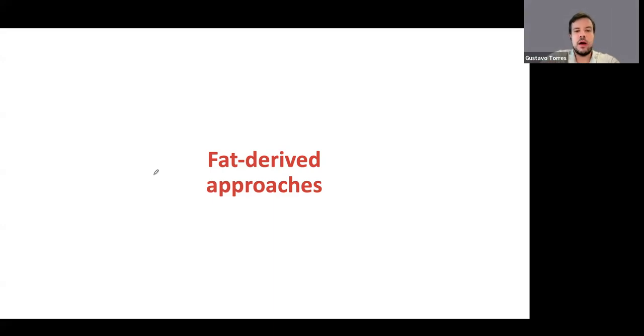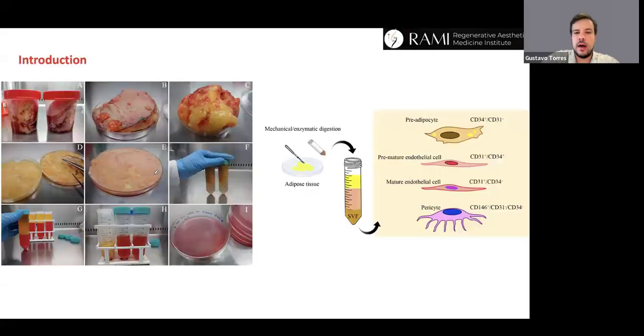Well, so fat-derived approaches: back in the day, when I was a student, and I did my research assistant thing, and then during my PhD, I changed focus.